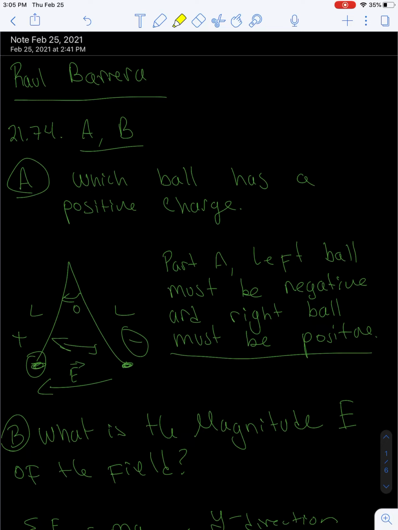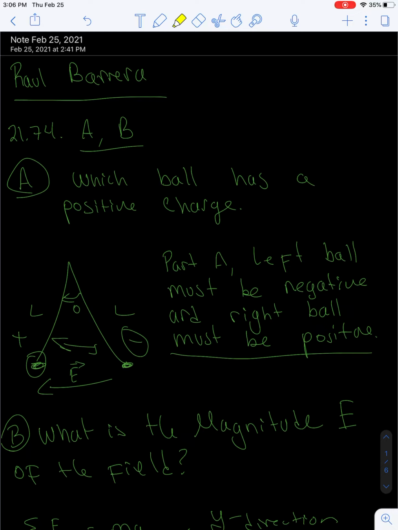The gravitational force and tension in this string work to bring the balls to their original position, which is right here in the middle. In order to do that, the electric force only pushes the charges apart to balance the previous attractive force.